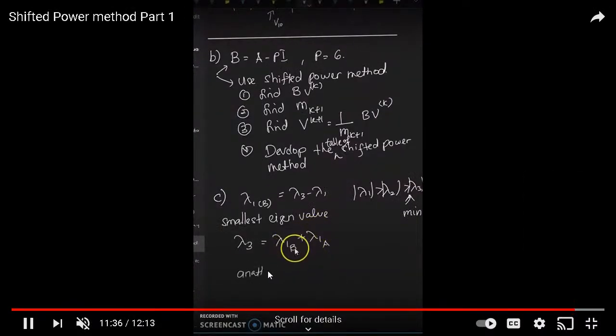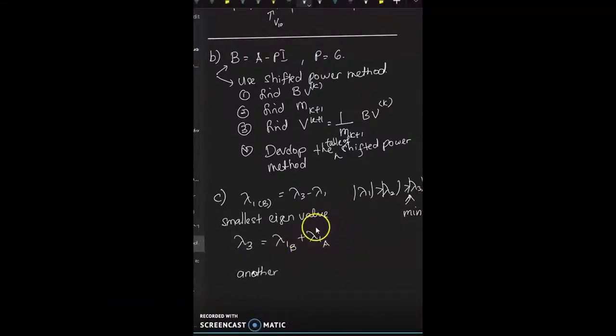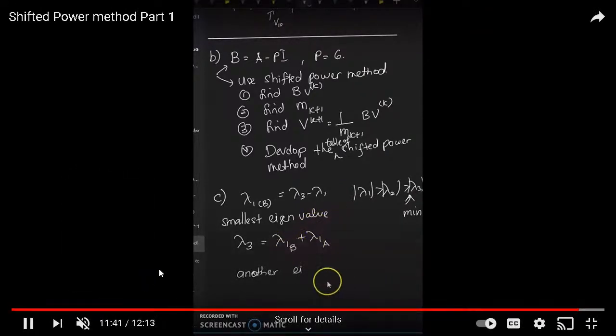So the question here is, how do we get lambda 2? This is my question. Let's go to the question here.